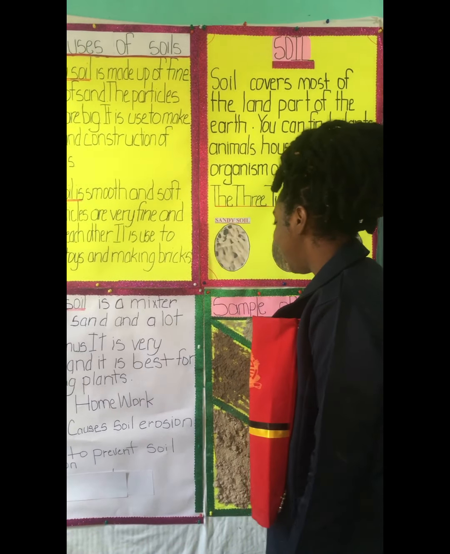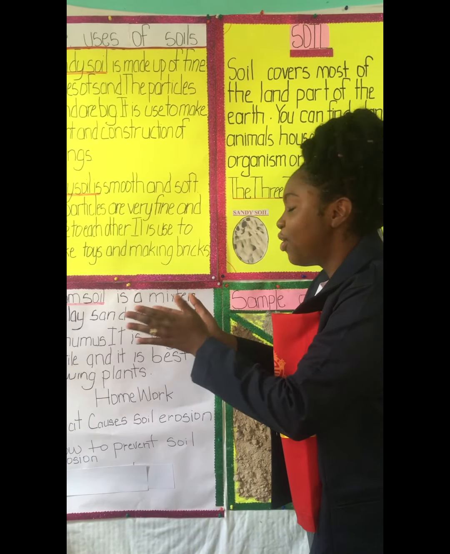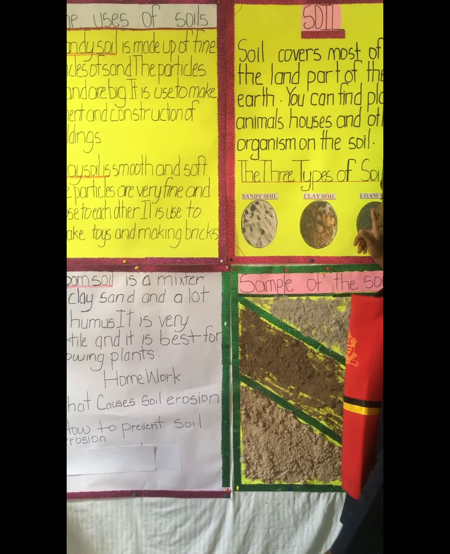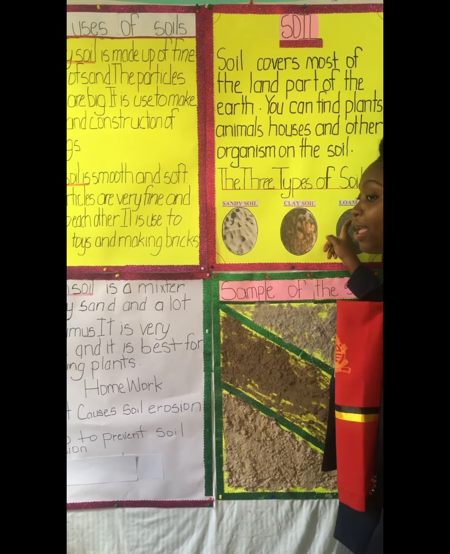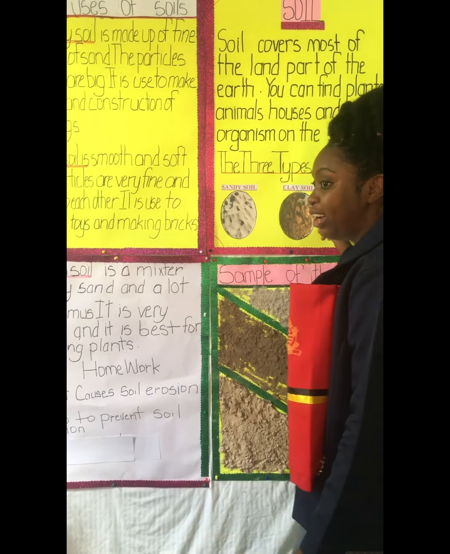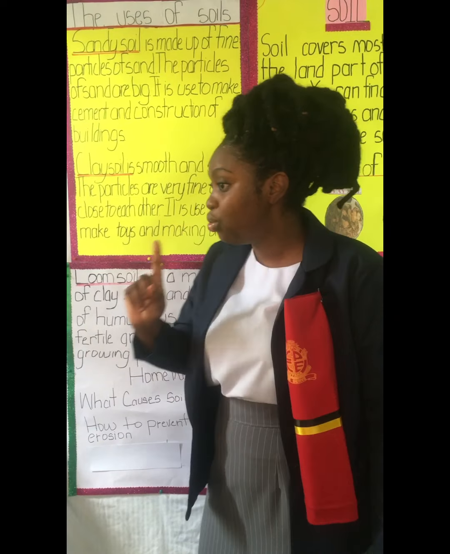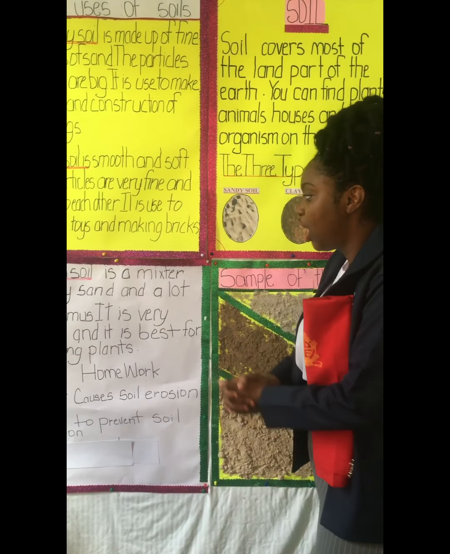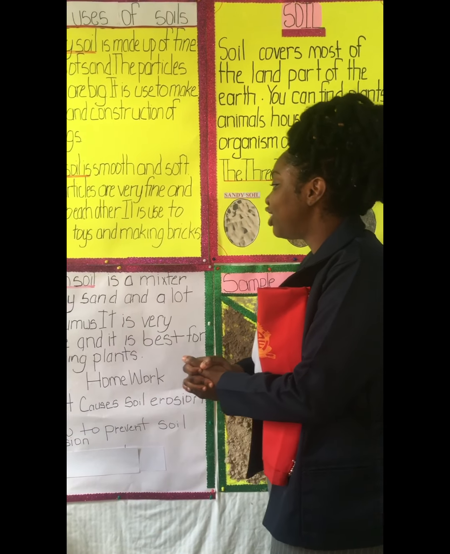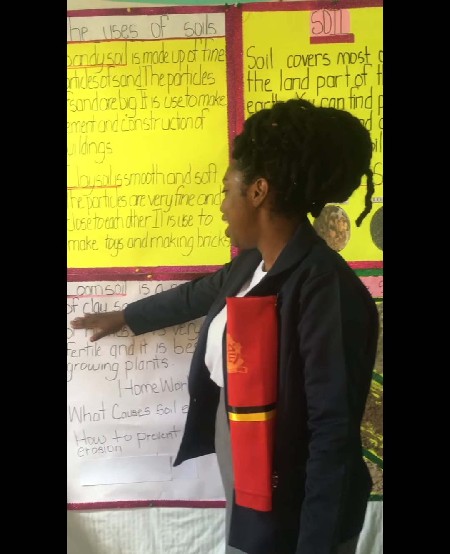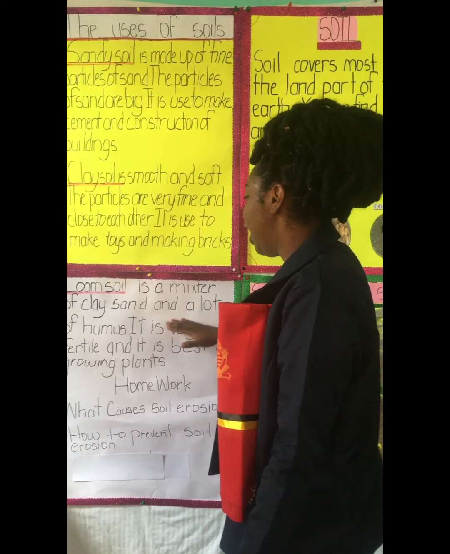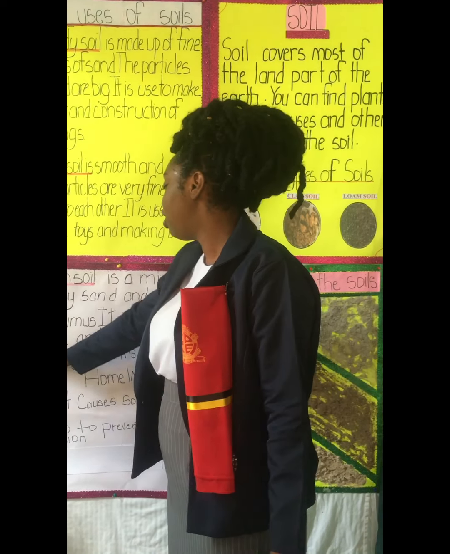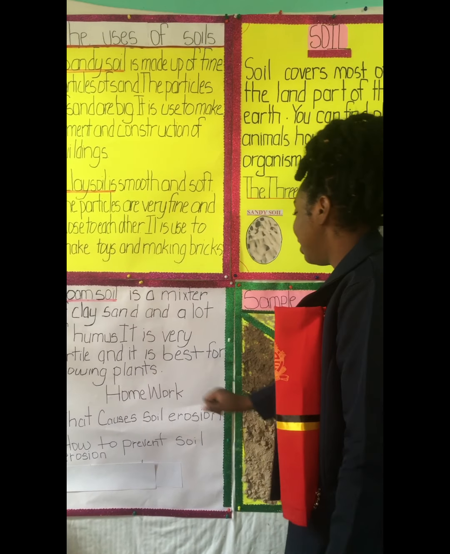Very good, Tiana. Yes, this next soil is loam, right? And Tiana, can you tell me what did we say about loam? Yes, loam is a mixture of clay, sand, and a lot of humus, and it is best for growing plants.